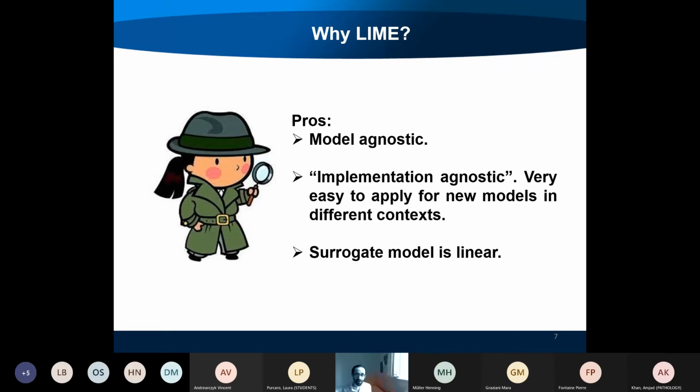Now, there's a term here that is not some kind of official scientific term, but I've been using it. Besides being model agnostic, it's also implementation agnostic. So what does that mean? Every now and then you're going to see a technique that is theoretically model agnostic. But if you look at the implementation on GitHub, the code has been done specifically for one type of neural network architecture and PyTorch.